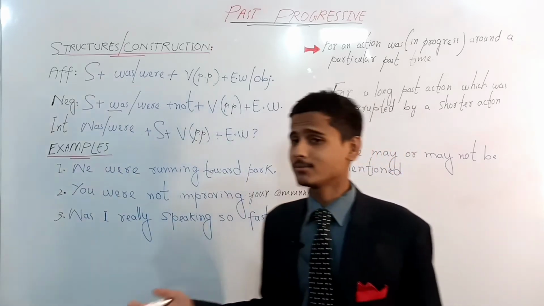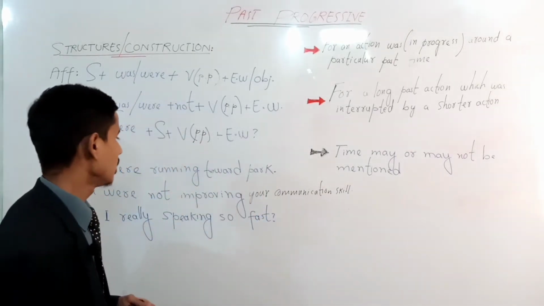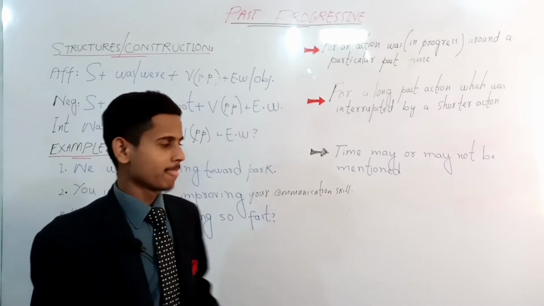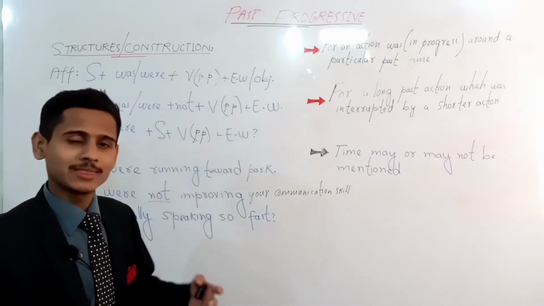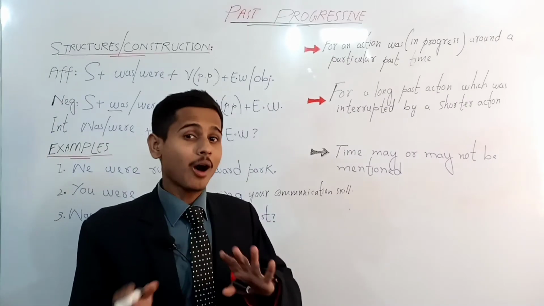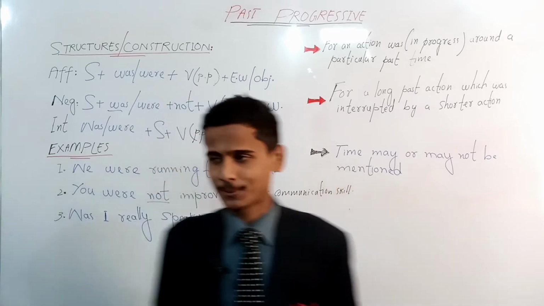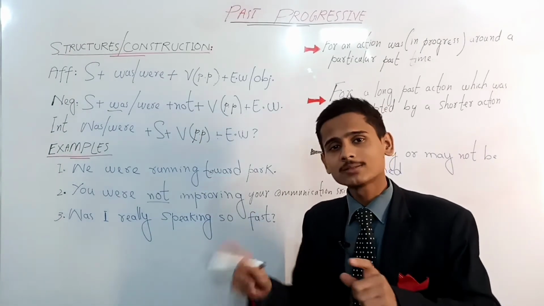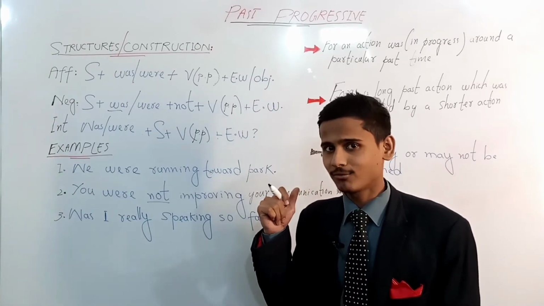Even this sentence refers to the past, but this is the negative one. It shows the negation that an action was not ongoing at some time in the past. So you were not improving your English, it means something was not happening in the past, as this is the negative one.